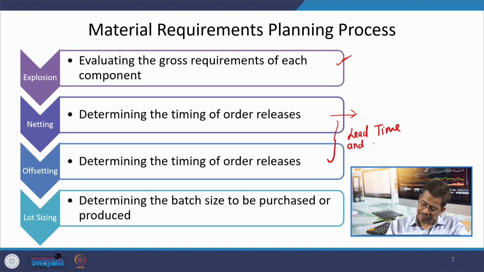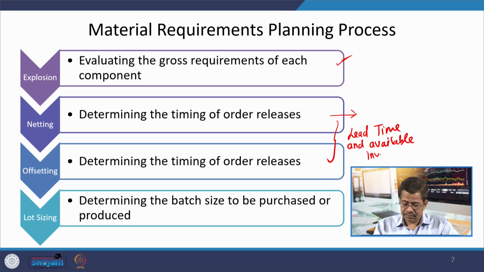Timing of order release is basically on the basis of lead time and available inventory. And then we need to also decide what should be the order quantity, whenever you are releasing an order. There may be different types of system.